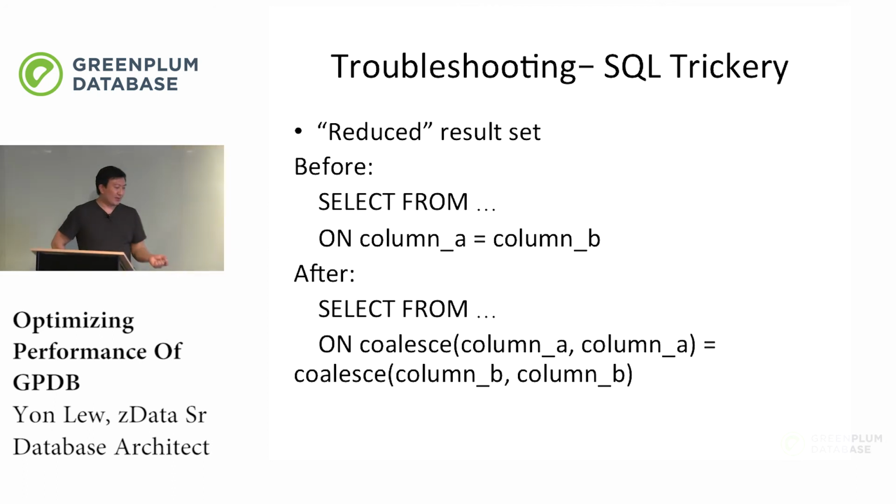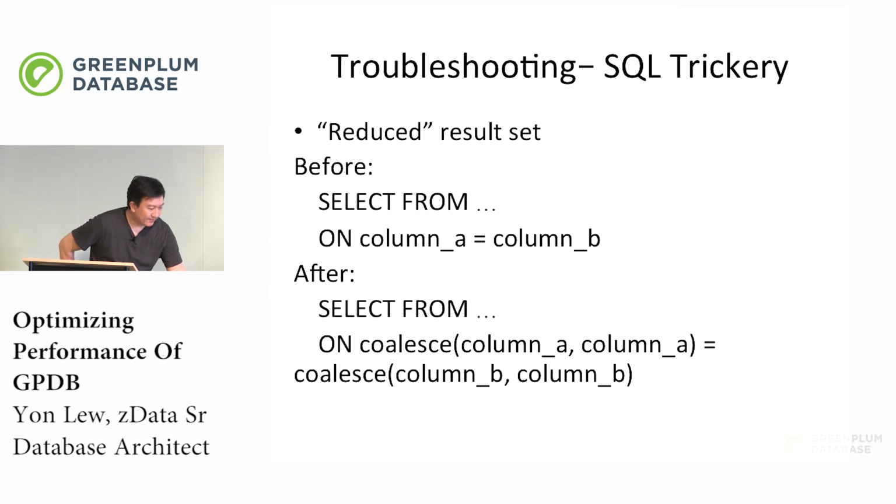So what we're going to do with this trick is try and fake out the optimizer. We're going to try and make it think that the results from a join are more selective than they actually are.